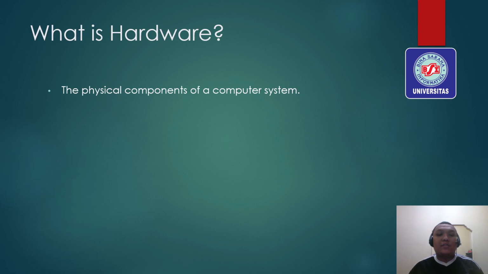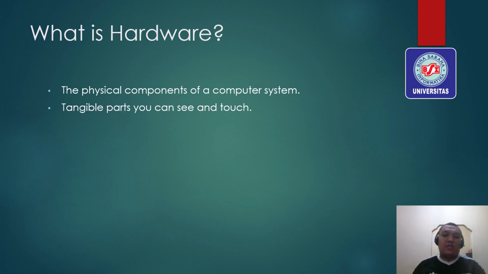First, what is hardware? Hardware is a physical component of a computer system, the tangible part you can see and touch, like this mouse or this keyboard.